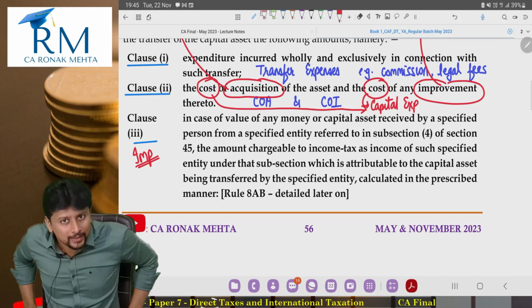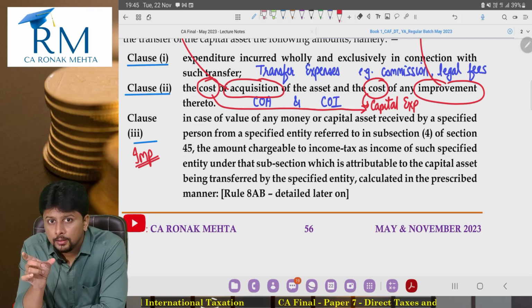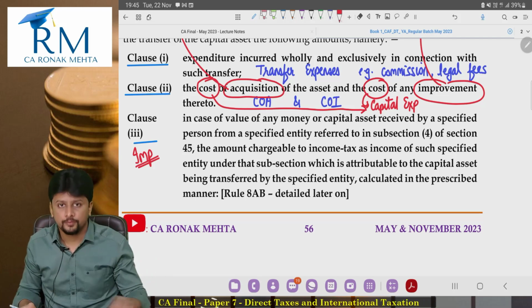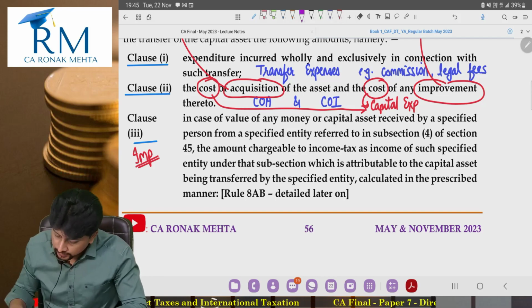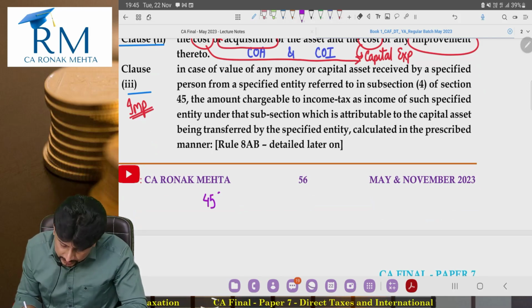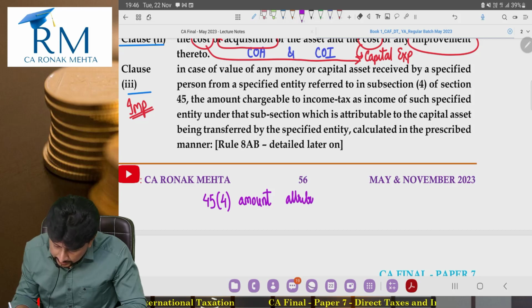But if you observe one thing, there is a mention, there is a reference of section 45 subsection 4. So, as of now, all that I will write down is section 45 subsection 4, whatever is the amount taxable under that section is attributable.